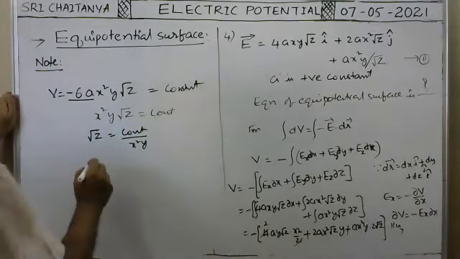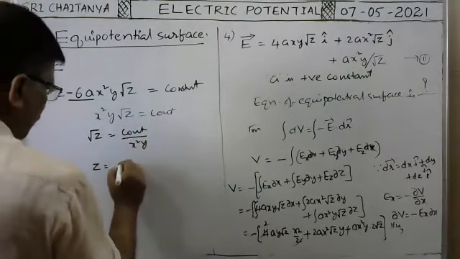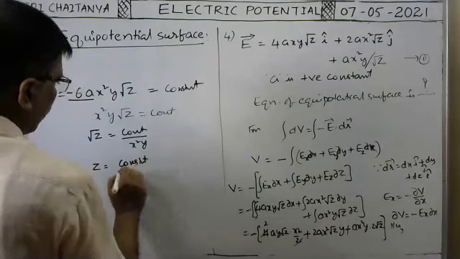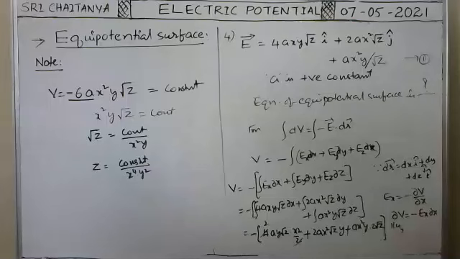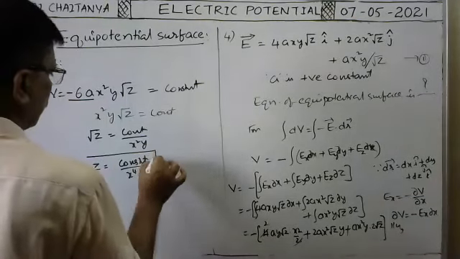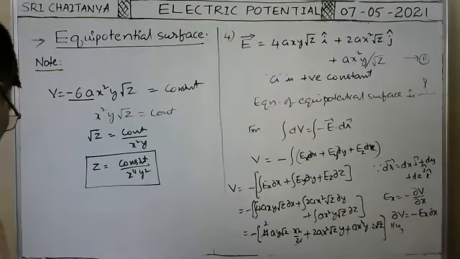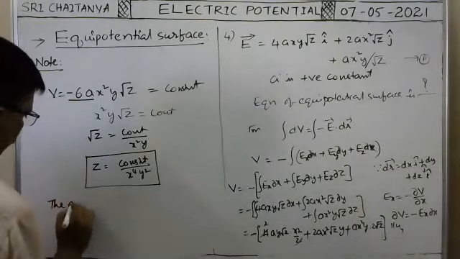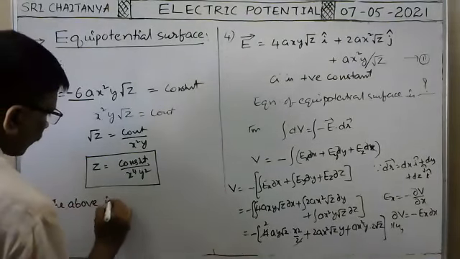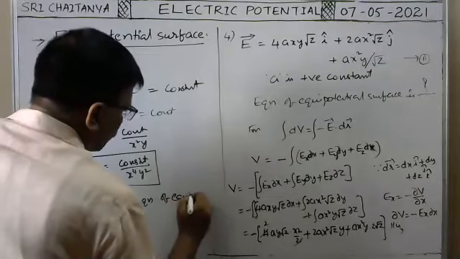Here answer is given z is equal to something. Z is equal to square root of the square of this one. Constant square means another constant, by square of this one means x to the power of 4y square. I think this is the answer. Yeah, this is the answer. This is the equation of the equipotential surface.